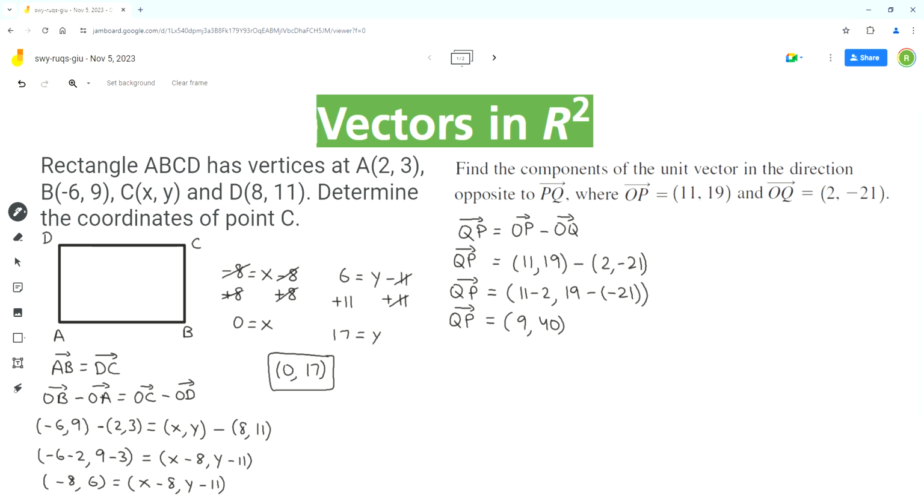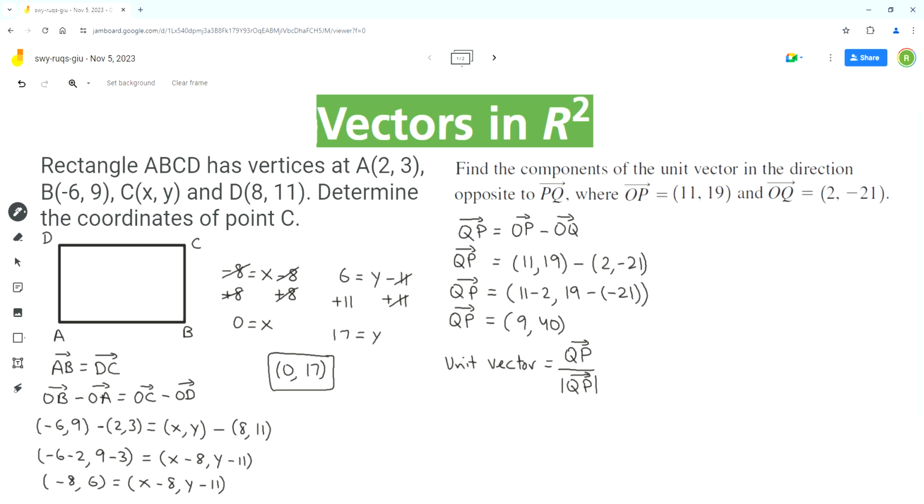Now in order to find the unit vector, we also need to know the magnitude of vector QP, because the formula for unit vector is the vector QP divided by its magnitude.